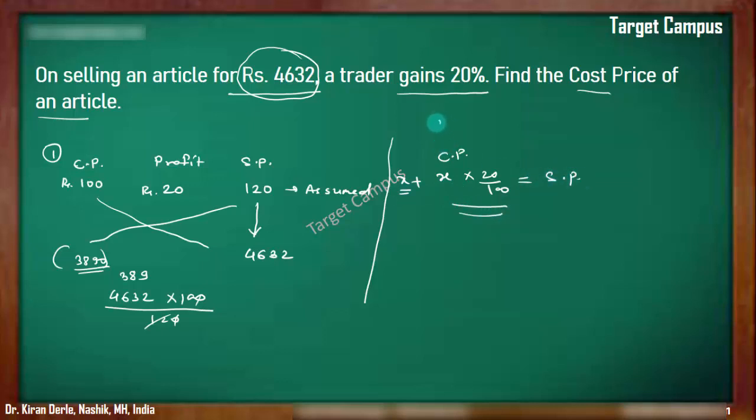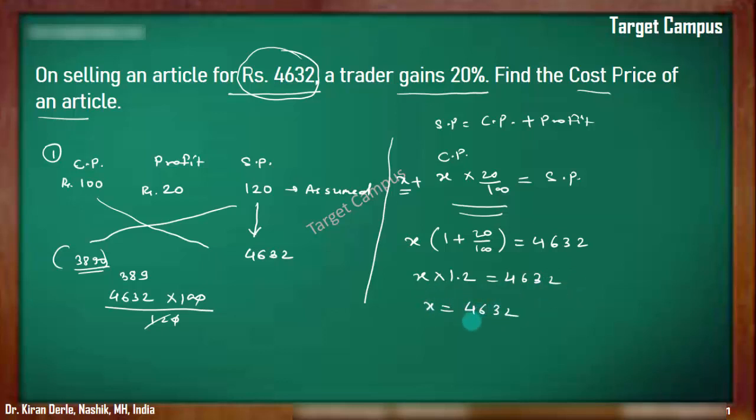Let us make X common: X into (1 plus 20 by 100) is equal to the selling price, given as 4632. So X into 1.2 is equal to 4632, and X is equal to 4632 upon 1.2. Solving this, you are going to get the answer.